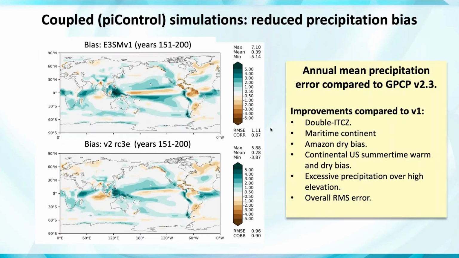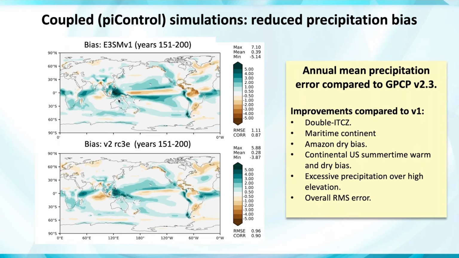So just a few selected results. This is precipitation bias. Green is too much precipitation. Brownish color has not enough precipitation. Comparing V1 to the model that is being spun up for V2. And you see that substantial reduction in the double ITCZ, that is much better in V2.